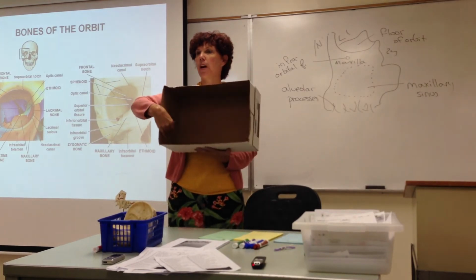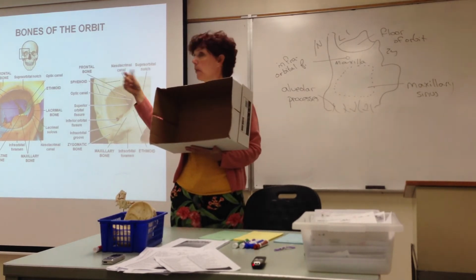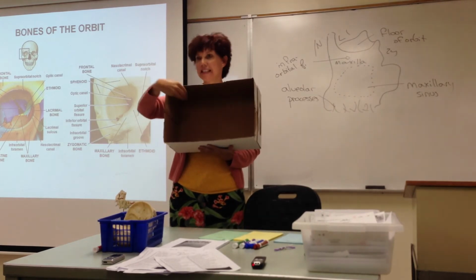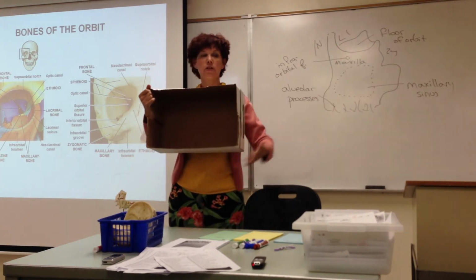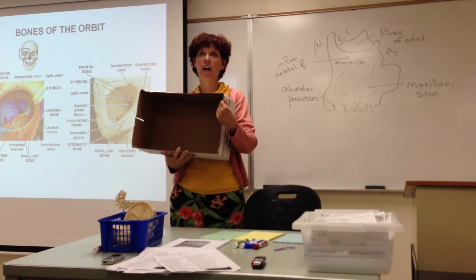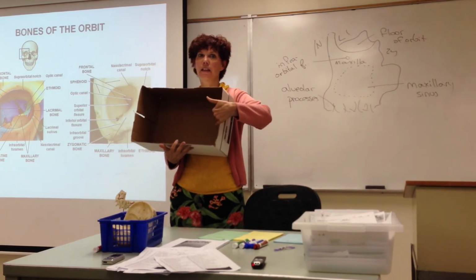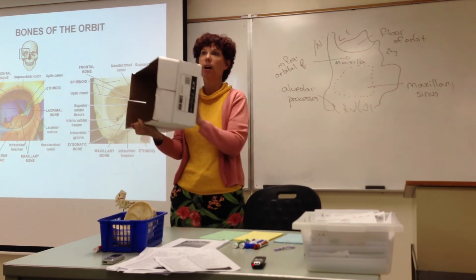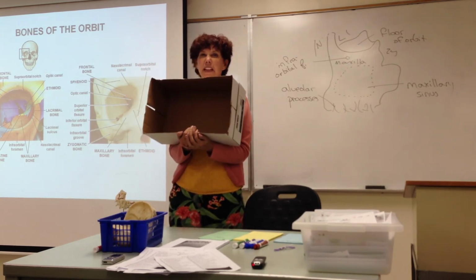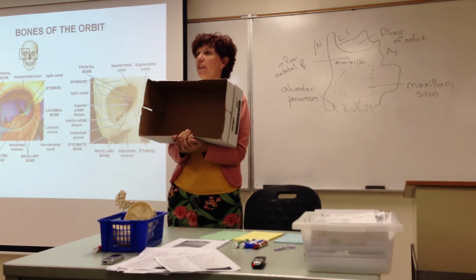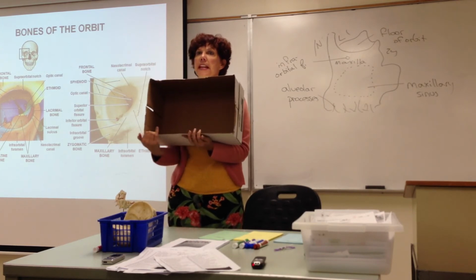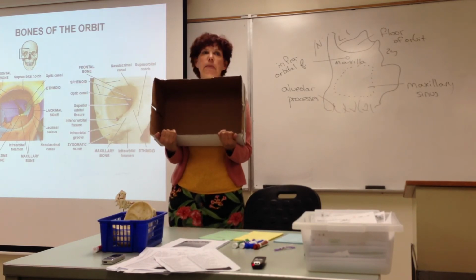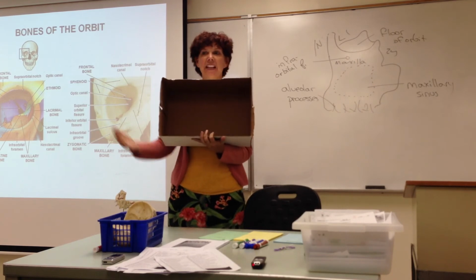And the lateral wall, when we just talked about, cheekbone, zygomatic bone. Two bones forming the medial wall near the nose, lacrimal and ethmoid. And the posterior wall has the optic canal for the optic nerve, sphenoid. Okay? And then the floor would be the maxillary bone or maxilla, exactly right.